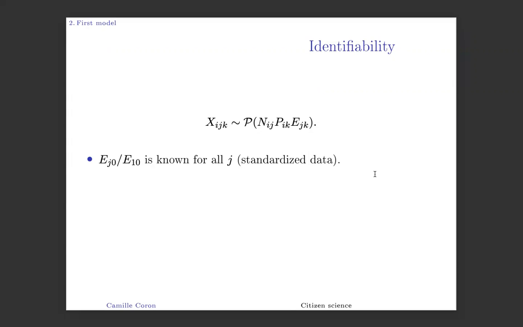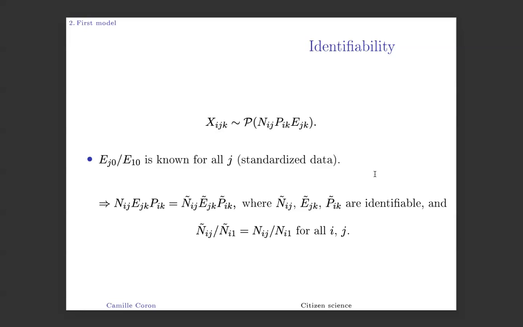So we have some constraints, and we can prove, using an appropriate change of variables, that the relative abundances Nij divided by Ni1, which is what we want to estimate, are identifiable.